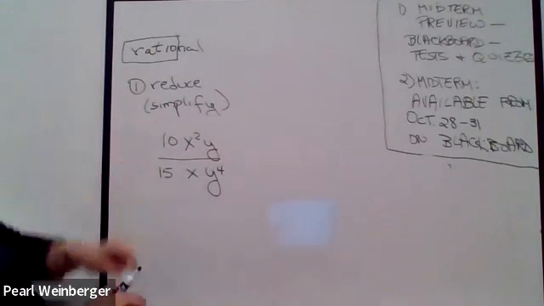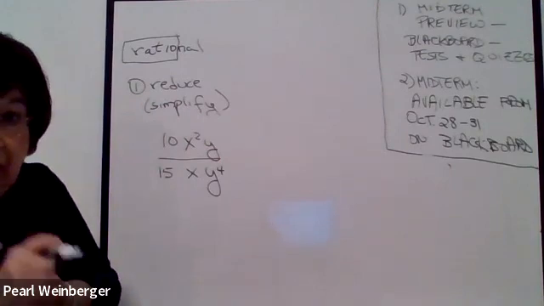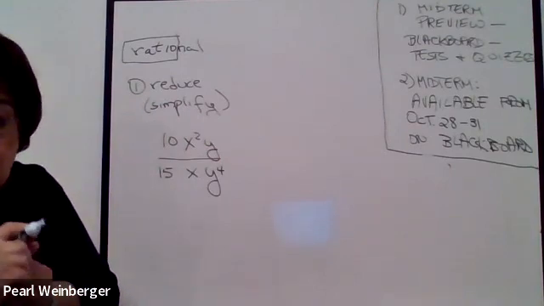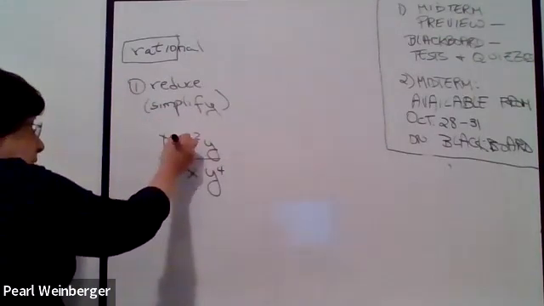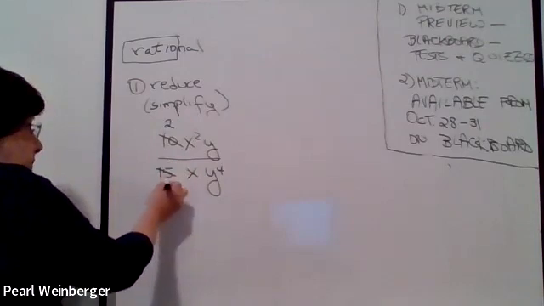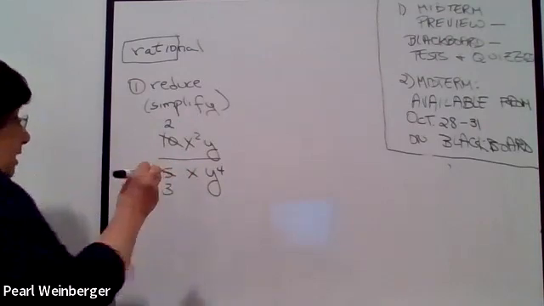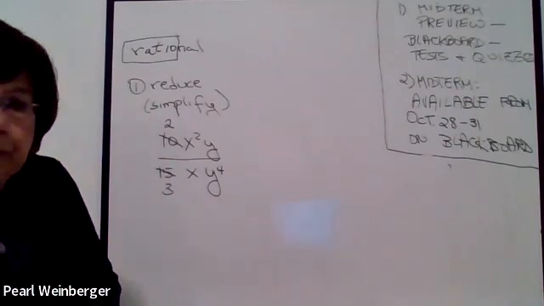What is the common factor of 10 and 15? Obviously, that's 5. 5 divides evenly into both 10 and 15. So divide the 10 by 5 and we get 2. Divide the 15 by 5 and we get 3. That takes care of the coefficients.